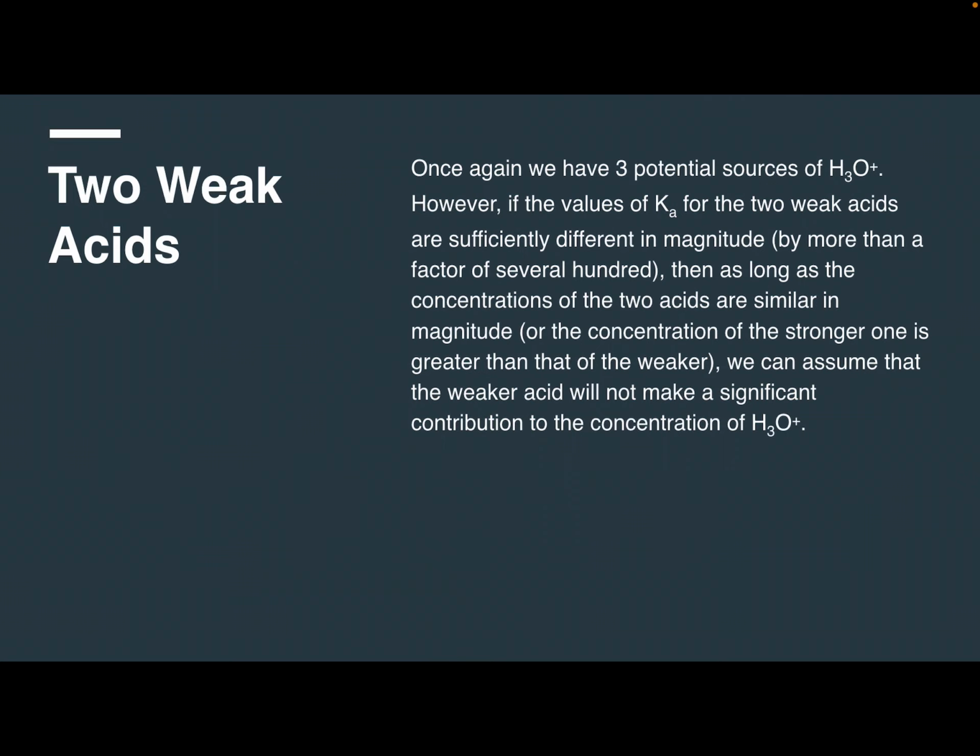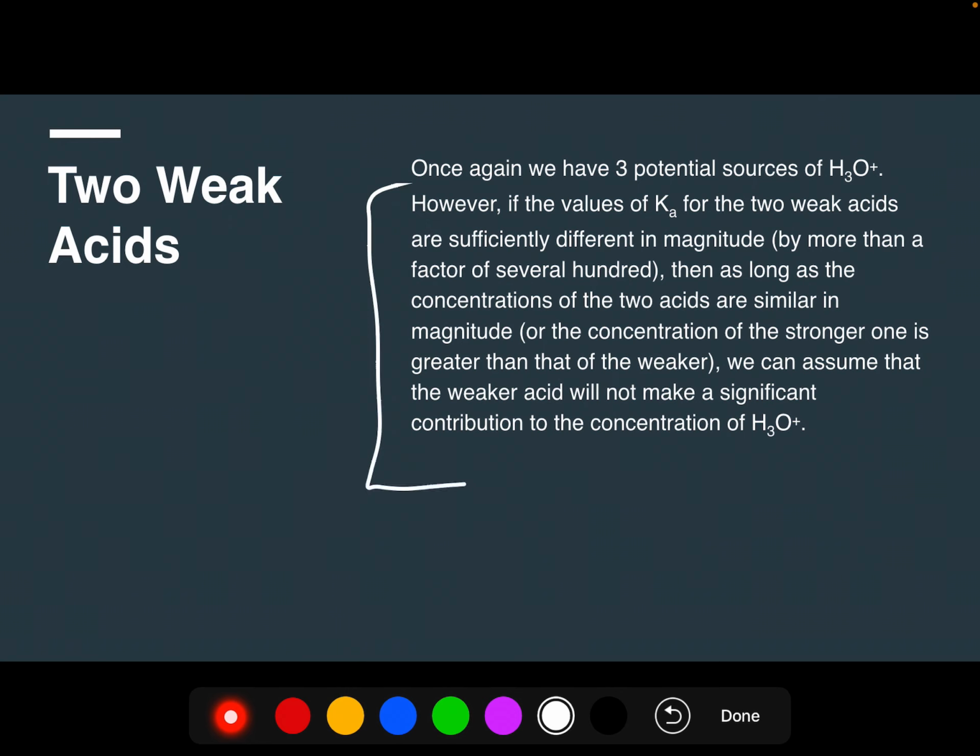Now, there is a way that you can skip doing all that, and that is what I'm talking about right here in this paragraph. If the Ka values of the acids are significantly different, as in, I would say 3 powers of 10, sort of the same as your x is small approximation, 3 powers of 10, and the two acids are either equal in concentration, or the stronger of the two acids has the greater concentration, then you can go ahead and just do the ice table for the stronger of the two acids and not even bother doing the ice table for the weaker of the two.